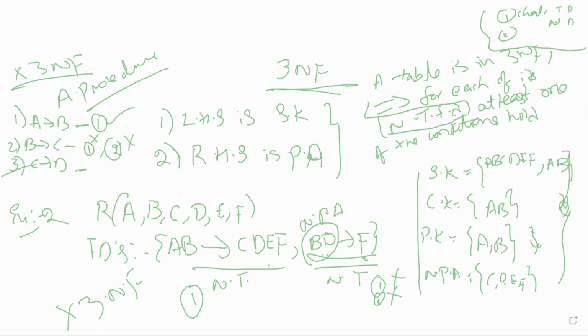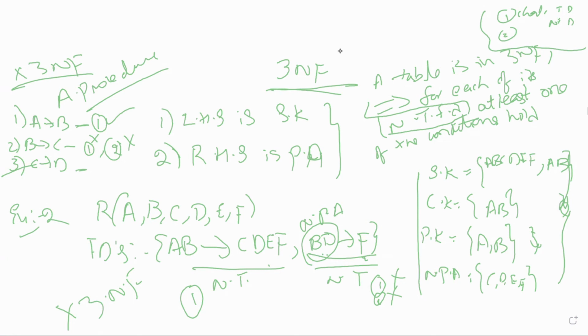How to know if it is in 3NF or not? See, this is the alternative procedure. We are not determining at first whether R is in 3NF or not. This is the second procedure. At first, we have to know whether the FDs are trivial or non-trivial. From that, we are going to derive whether R is in 3NF or not.